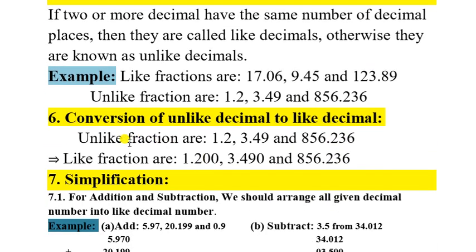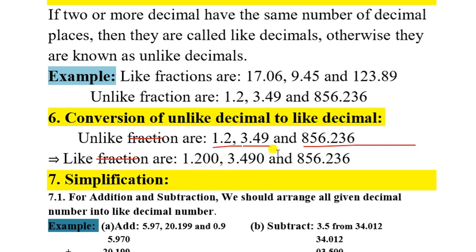Now how to convert unlike decimals into like decimals? Unlike decimals, for example 1.2, 3.49, 856.236. This is an unlike decimal number, so we have to convert it into like decimal numbers. After the decimal we have to make the same number of digits.